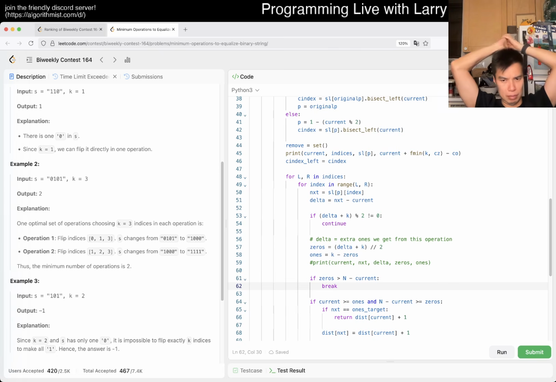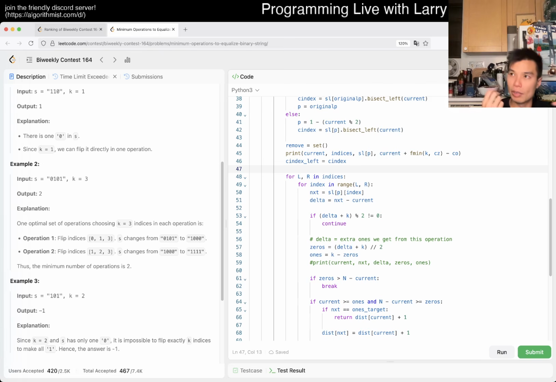I'll double check about these conditions actually. Because it keeps going, but okay, so it keeps going, and then either we want to... Is there a donut?